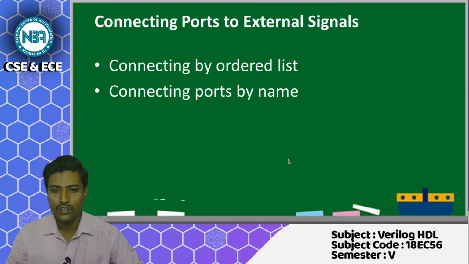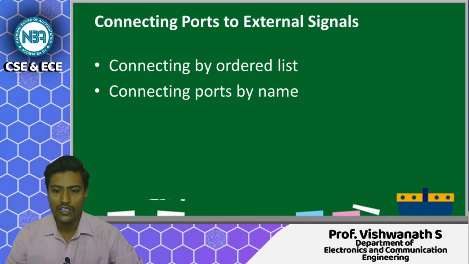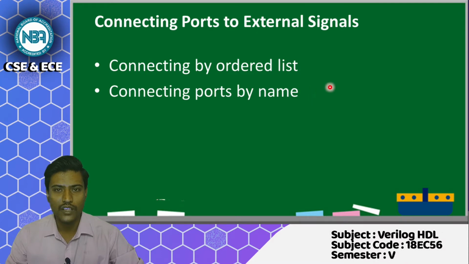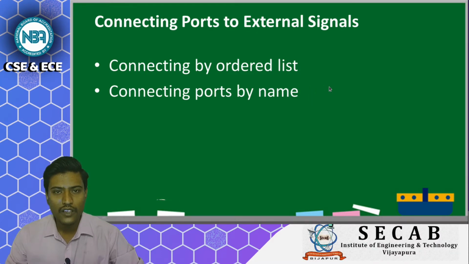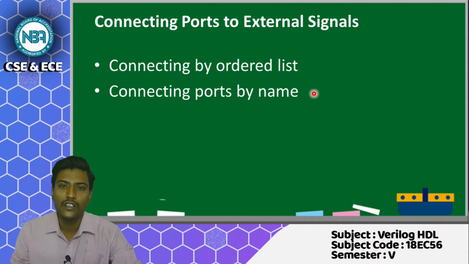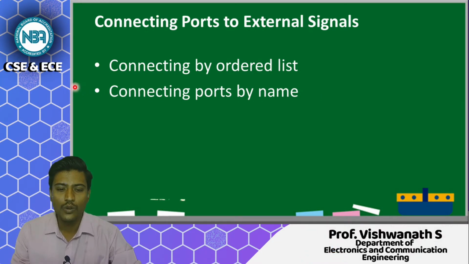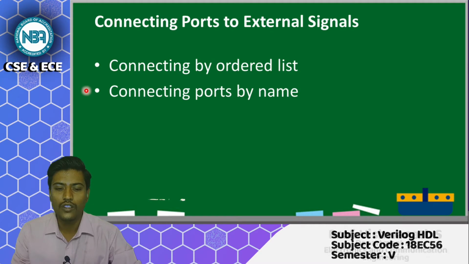Now, how are these connected to the external signals? That can be done in two different ways. One is connecting through an ordered list, and the other is connecting by name. Although both are flexible and easy for connecting ports to different external signals, we recommend only connecting ports by name.